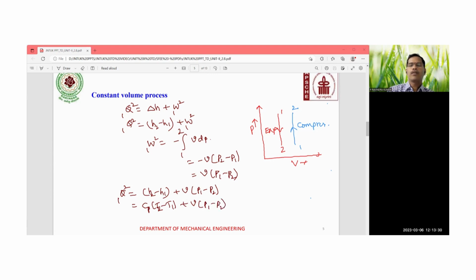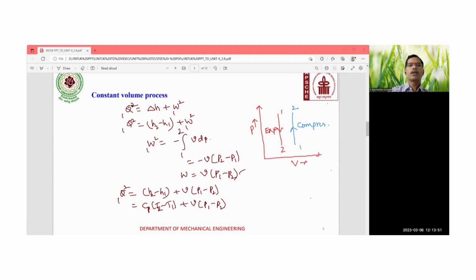This is nothing but the flow work. So this is how the work transfer and heat transfer work for a constant volume process, right? How the flow rate will be entering, how it will be leaving, and at what rate it is going to be stored.